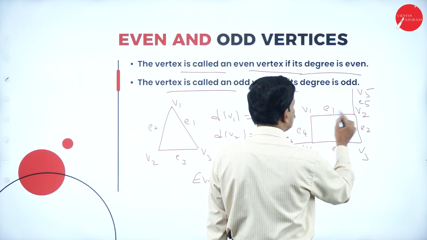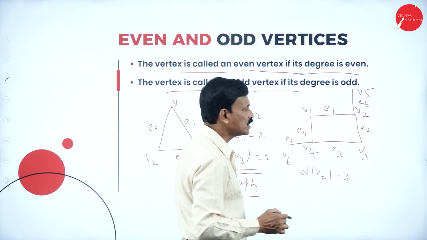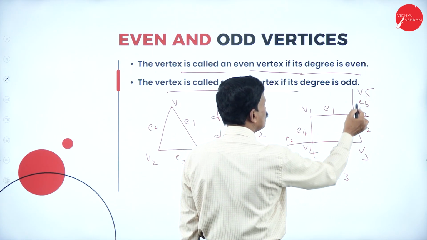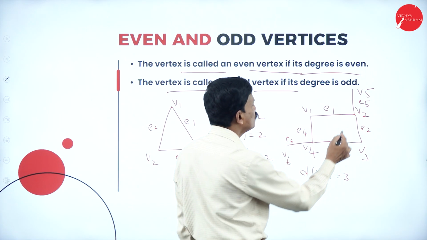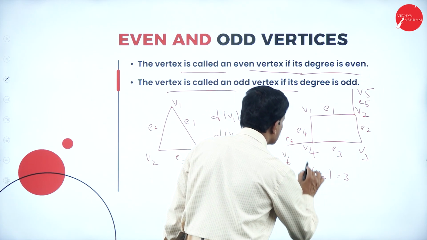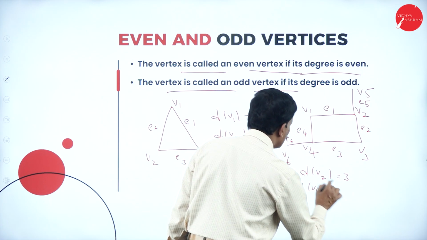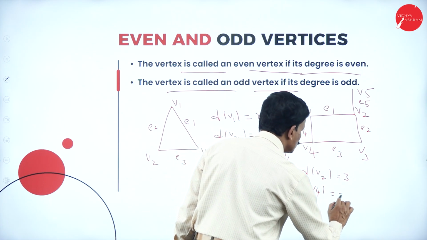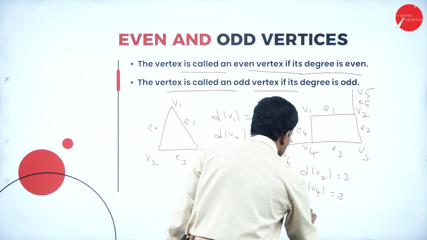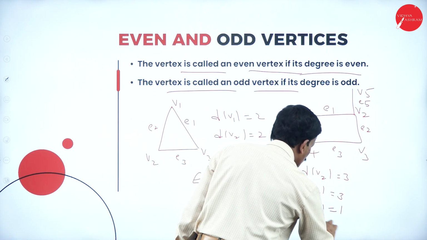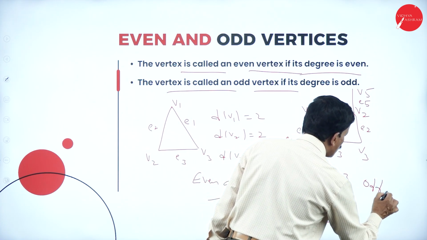V2 is 1, 2 and 3. There are E5, E1 and E2, the 3 edges here, so it is a degree 3 vertex. Similarly, what is the degree of V4? The degree of V4 is 1, 2 and 3. And the degree of V5 is equal to 1. So this is an example for an odd graph.